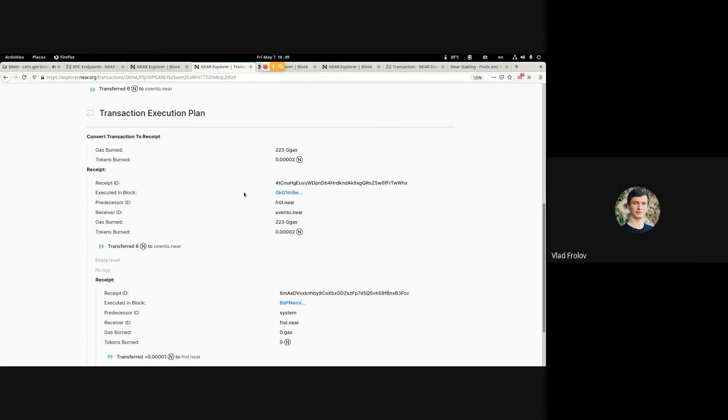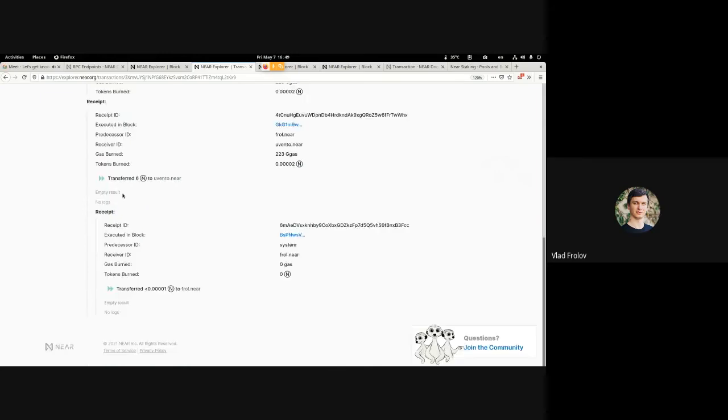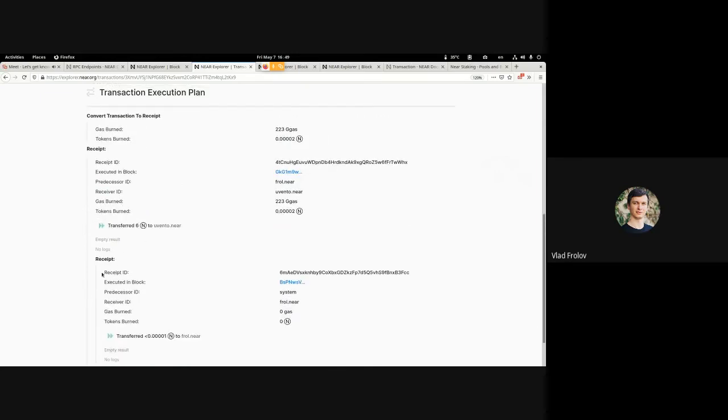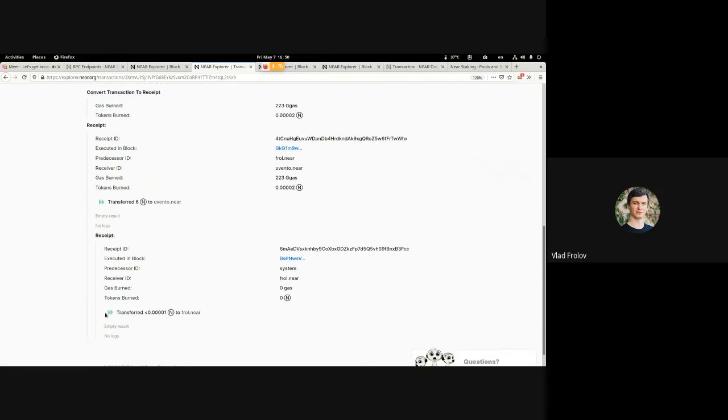And this receipt was executed, and it actually triggered another receipt to be created and executed as well. This time, if this receipt was sent from frol.near to uvento.near, this receipt is sent from system, there is no such account on the network, to frol.near, and the action is to transfer this very little amount of NEAR tokens.